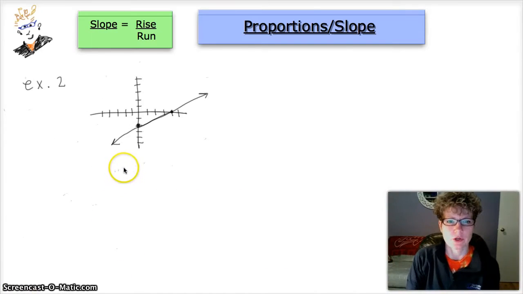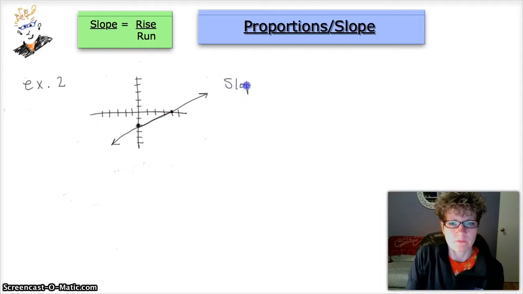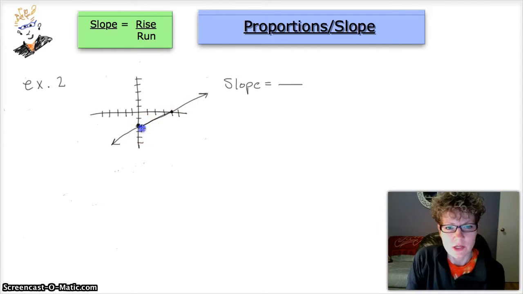So example number 2, what we want to find is the slope. The slope is going to equal the rise over the run. So let's find the rise. It looks like we have a point at (4, 0), and then (0, -2). My line goes uphill from left to right, so that means that it's positive. Now let's find the rise over run. We need to draw a right triangle.